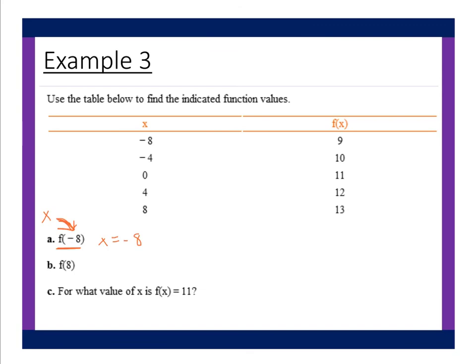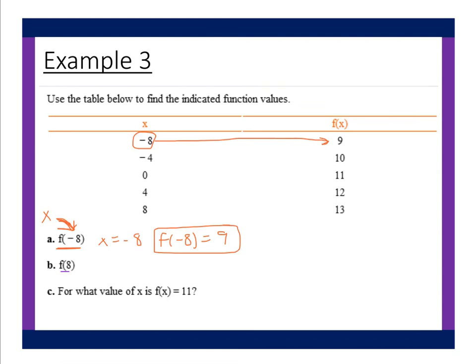Our x values are this part of our table, so I would look at negative 8 right here, and I need to write as my answer the value that goes with it. So the answer to f of negative 8 is 9, because those go together in the table.